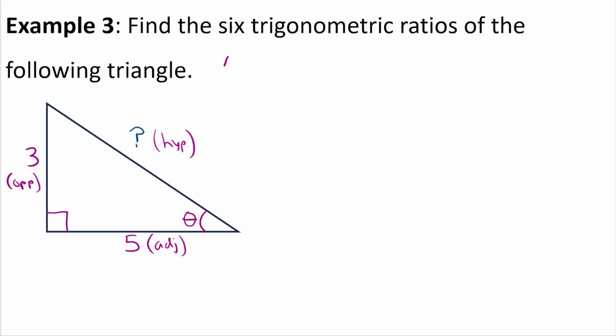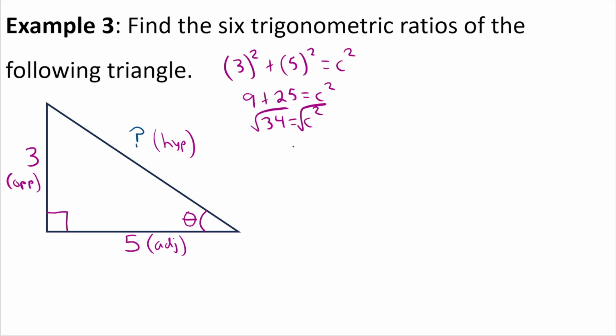So I would get 3 squared plus 5 squared equals c squared. Now I get 9 plus 25 equals c squared, and 34 equals c squared, which gives me the square root of both sides, and c equals the square root of 34.